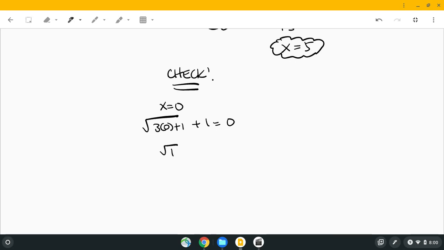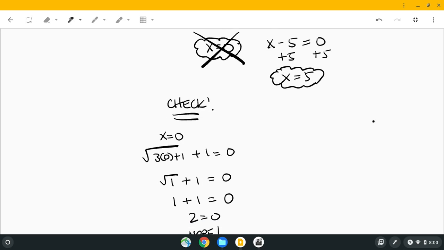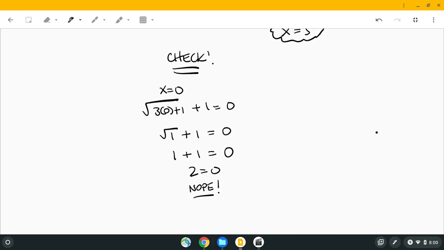So this is 1 plus 1 equals 0. 2 equals 0. No, it does not. Okay, so nope, this one is not going to be the solution.